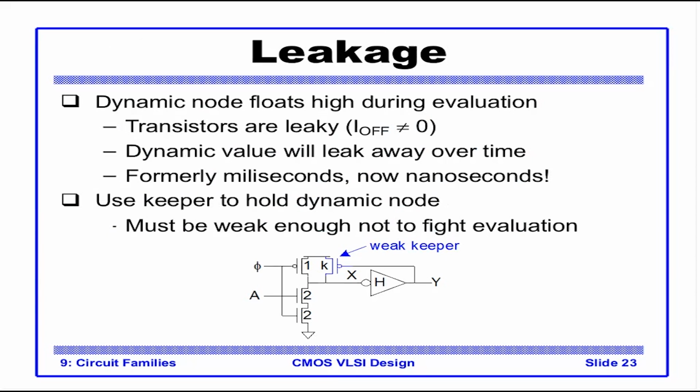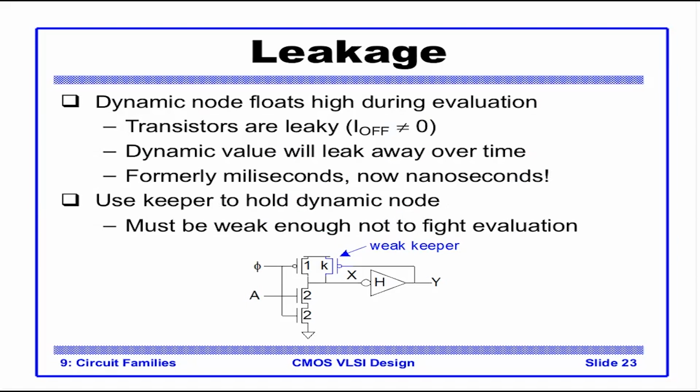Now let's look at the limitations or the advantages. We look at both the sides for dynamic logic. A dynamic node, as I mentioned before, floats high during evaluation. Let's say for an inverter, the input is 0, the output is 1 during the evaluate phase, but that output is a hanging one.